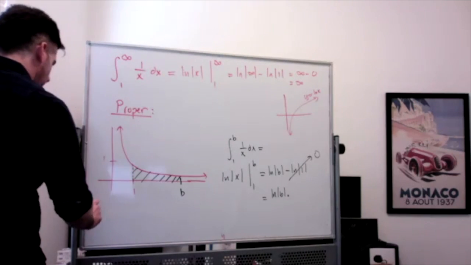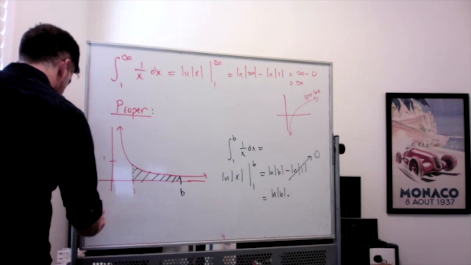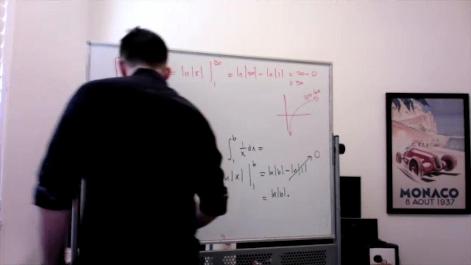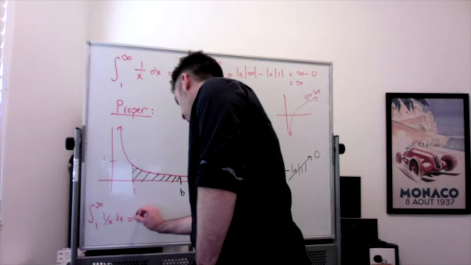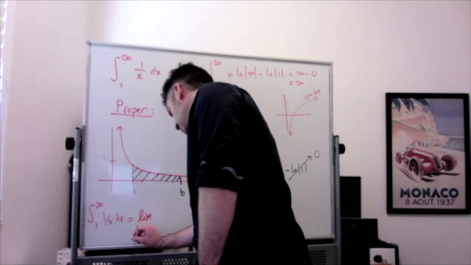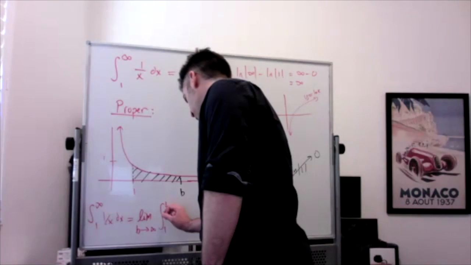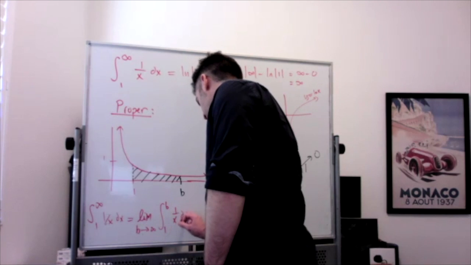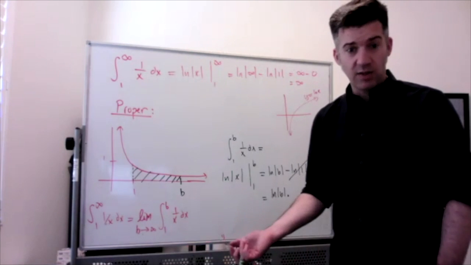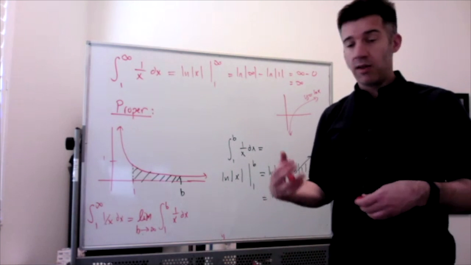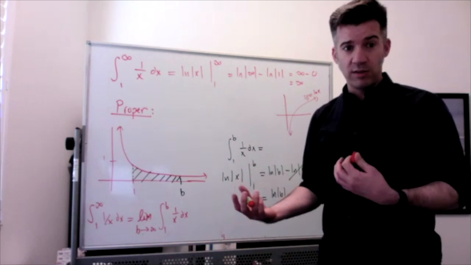We say that the integral from 1 to infinity of 1 over x dx is equal to the limit as b goes to infinity of the integral from 1 to b of 1 over x dx. That's the whole idea. Instead of doing the integral from 1 to infinity, we do the limit as b goes to infinity of the integral from 1 to b.